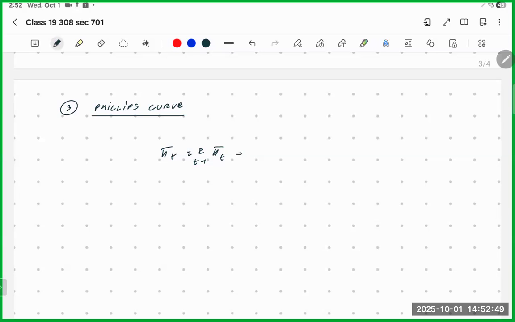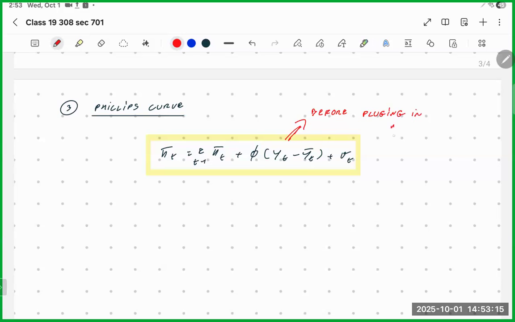Okay. Plus phi, don't worry about this one. Bracket yt minus yt bar plus vt, supply shock. This is actually the Phillips curve equation. This is the version of the Phillips curve before we plug in the Okun's law.